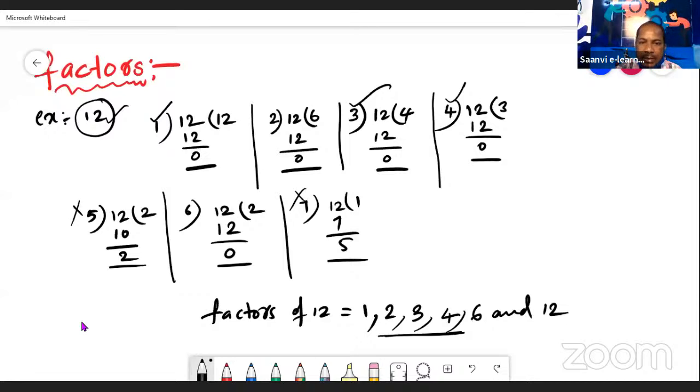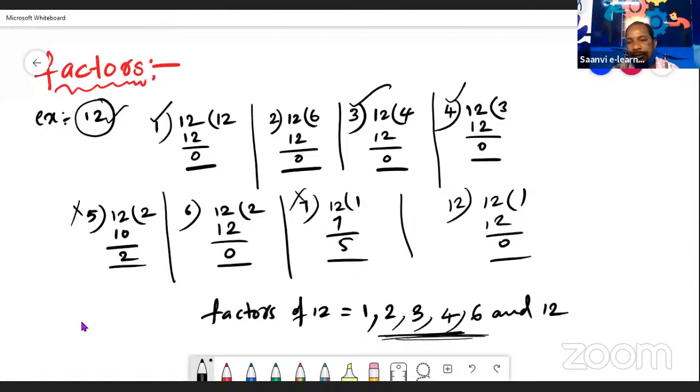And 12 also divides the number 12. So like this, the numbers dividing exactly the given number are called factors of the given number. So now, what are the factors of 12? 1, 2, 3, 4, 6 and 12.